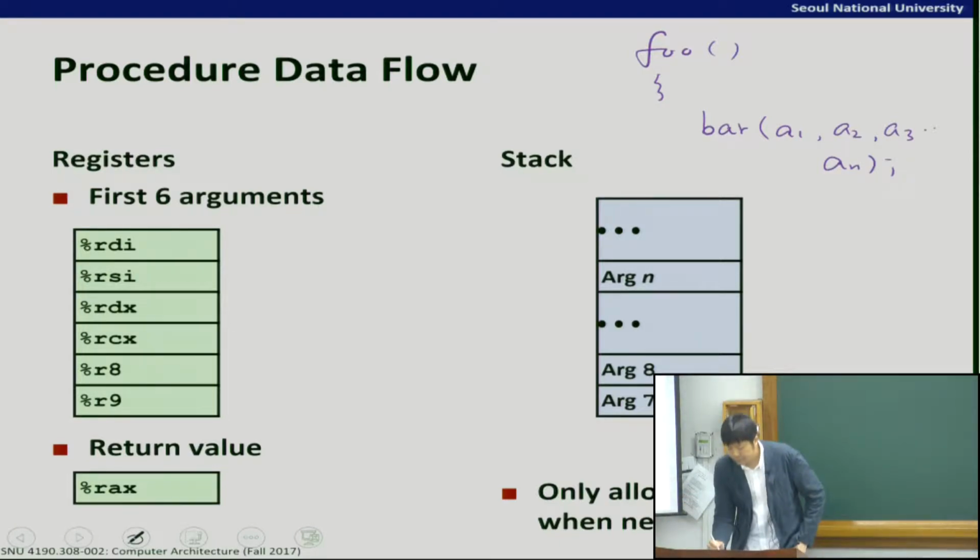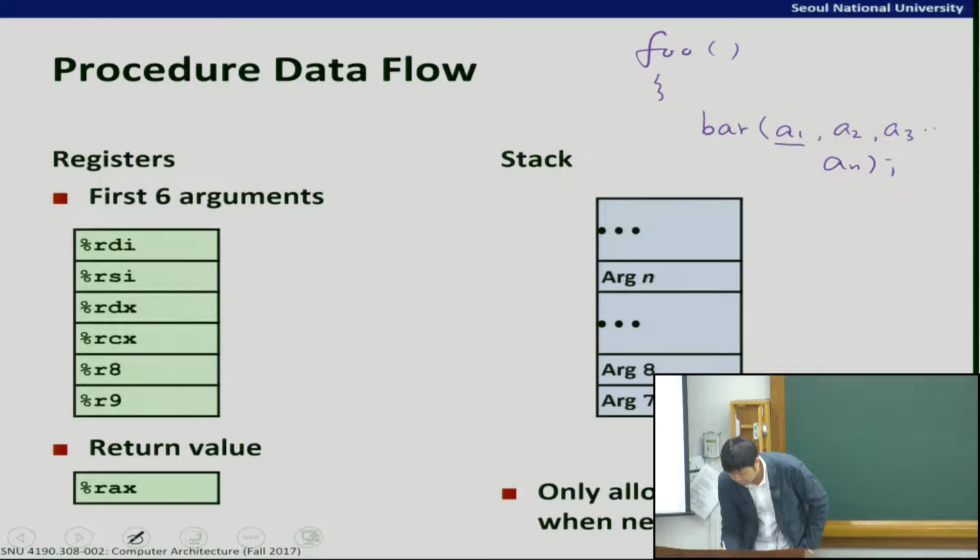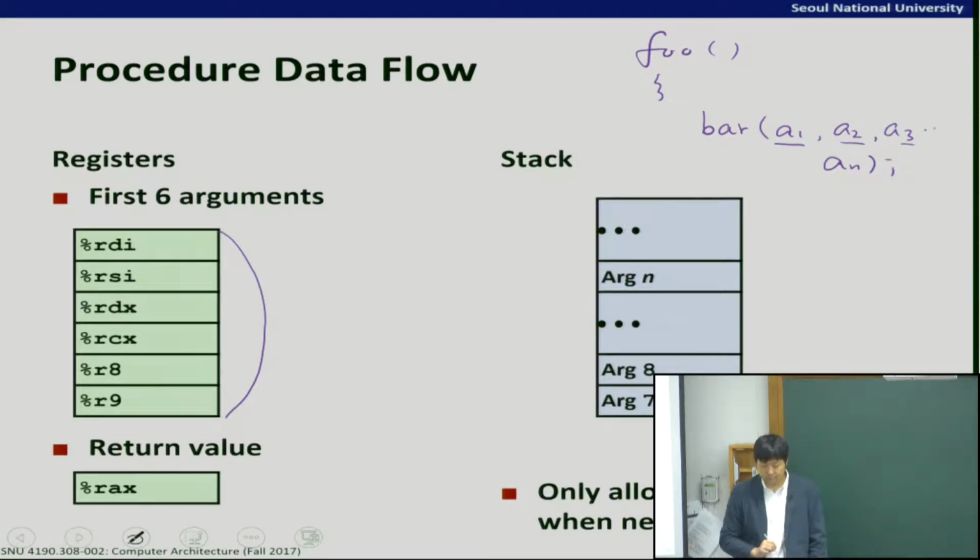Then the first six arguments, A1 through A6, will be passed through these registers: RDI, RSI, RDX, RCX, R8, and R9. These will take the values of A1, A2, A3, up to A6, right? What happens if you want to pass more than 6 arguments?